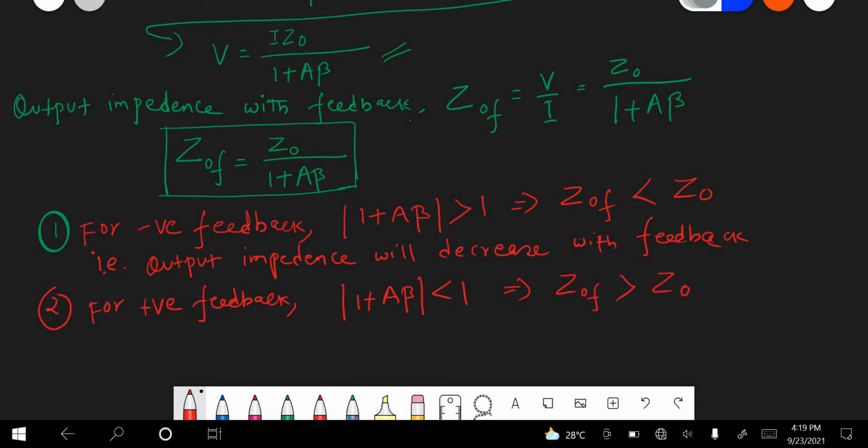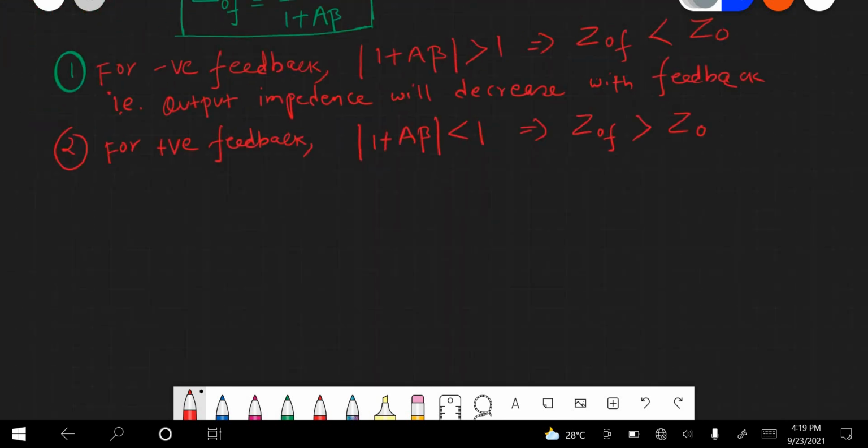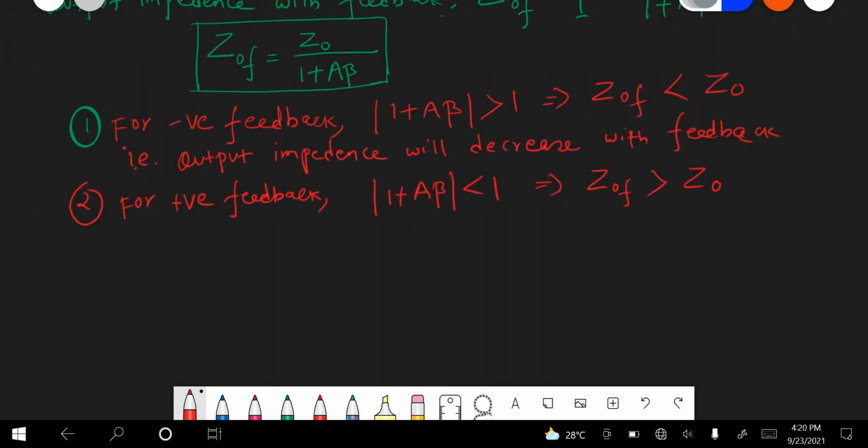That means output impedance increases with feedback. Okay, that is, output impedance will increase with feedback.